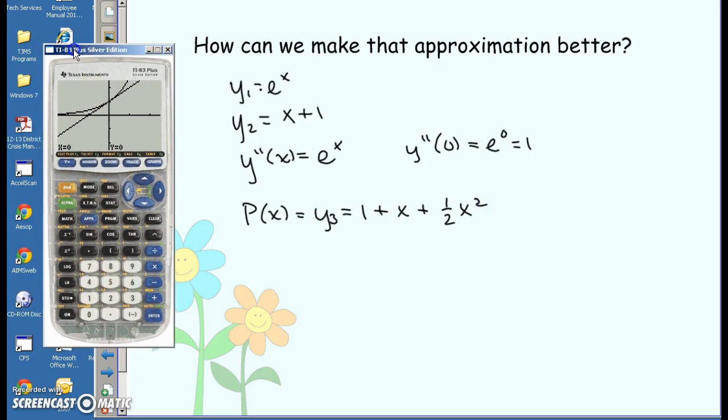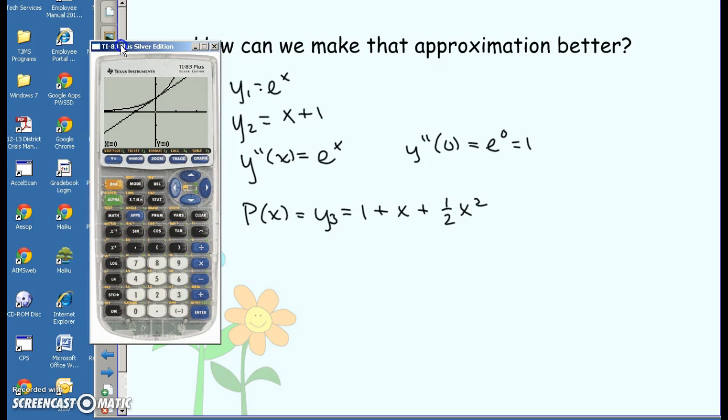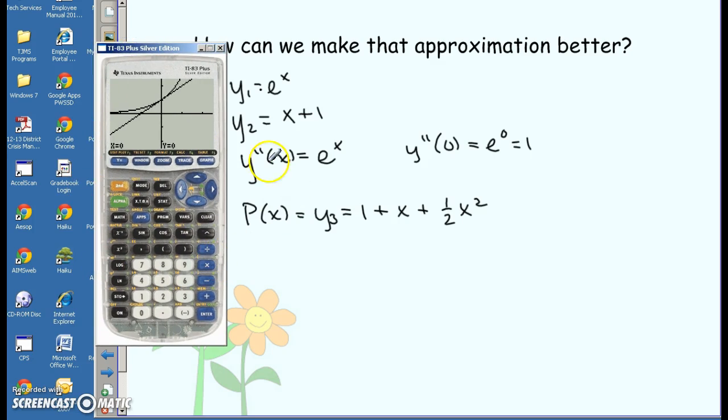Well, let's put that in. So we've got 1 plus x plus 0.5 x squared. And as we can see by looking at that, it's a better approximation from now here to about here.